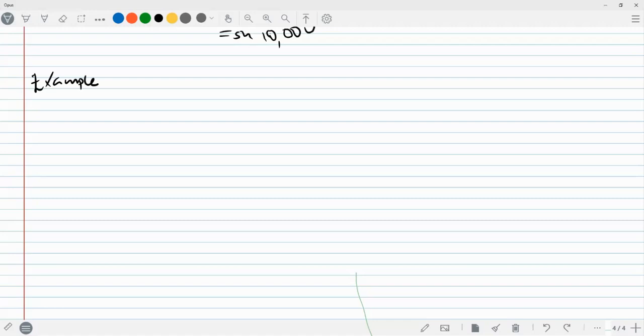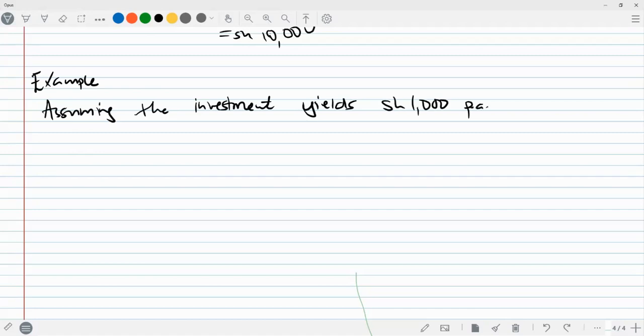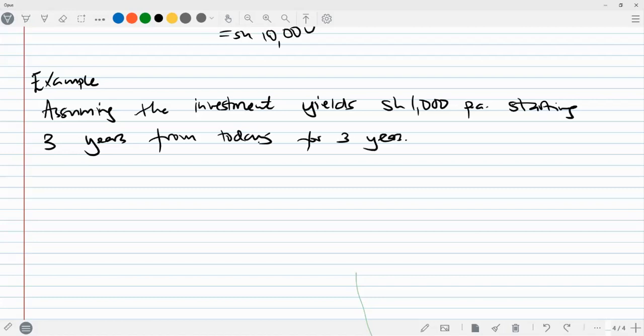Assuming the investment yields 1,000 shillings per annum starting 3 years from today for 3 years, and R is equal to 10%, determine the present value of the investment.